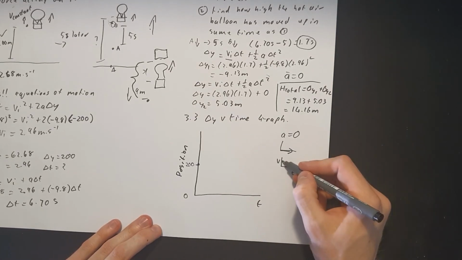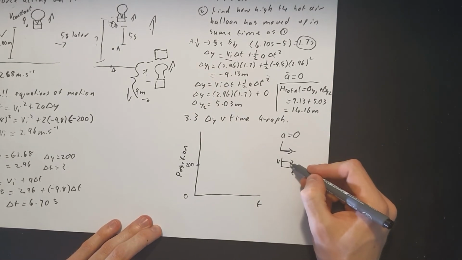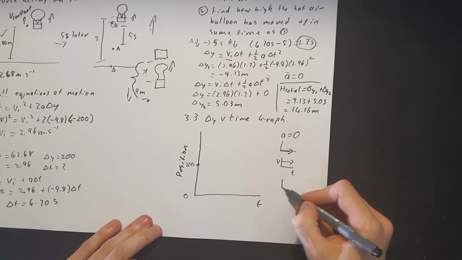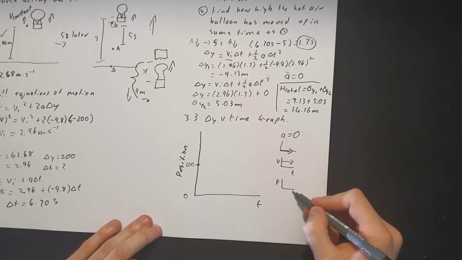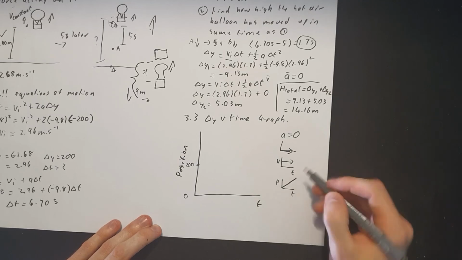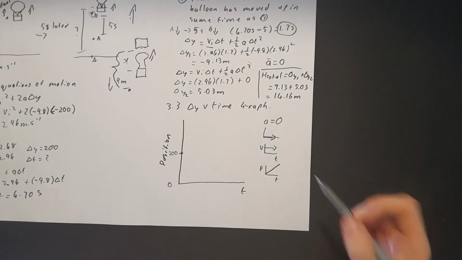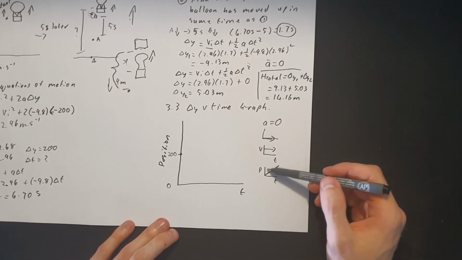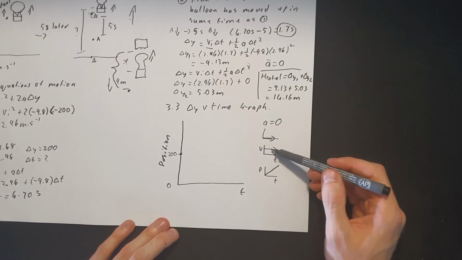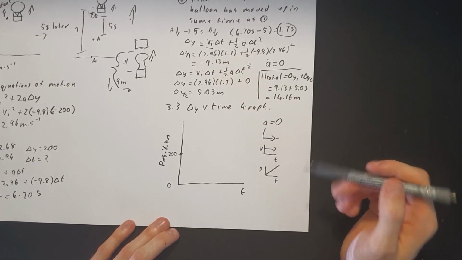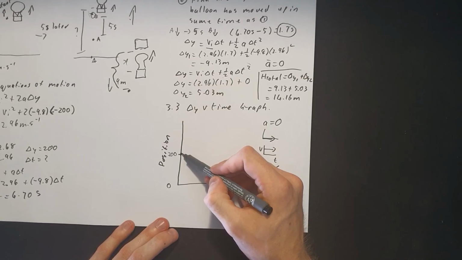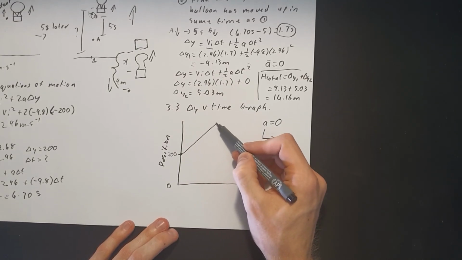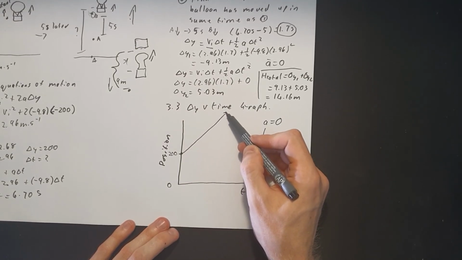Velocity time graph is constant, which means my position time graph must be a straight line. We know this from derivatives. The derivative of a straight line is constant, derivative of constant is 0. So from here the balloon's just going to move up at a constant rate as time goes on.